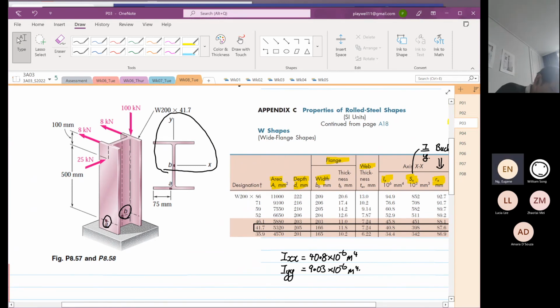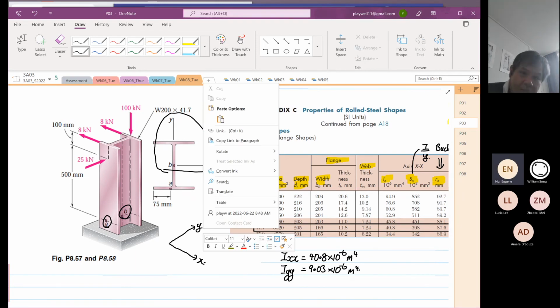So our transformation, as you can see, is relative to what is given in the cross section. So we know that this is our X. Over here, this is our Y. Okay, and then we apply the right hand rule, right?